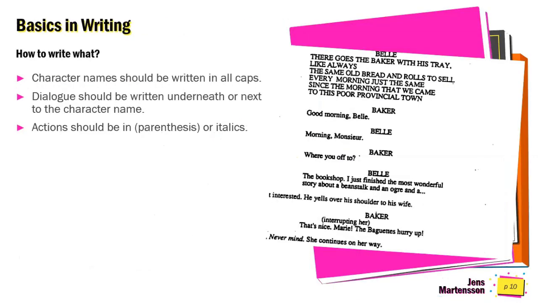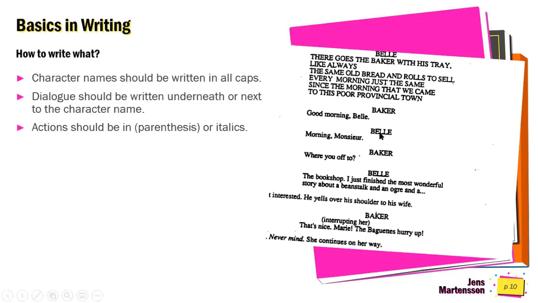Now, if we go back to the basics of writing, how do you write? Your character name should be in all caps, and the dialogue should be written underneath or next to the character name. Actions can be put in parentheses or italics. So if we take a look at the script Beauty and the Beast, we see that everything Belle sings or speaks is below her name, and her name is in all caps.